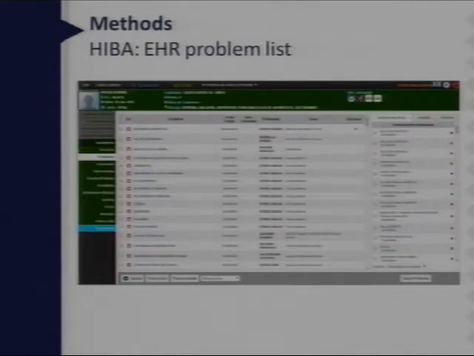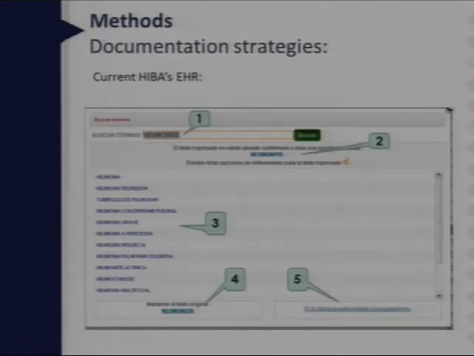You can see here our electronic health record problem list, and this is the window that physicians use when they are trying to input the problem list. You can see in number 1 the field to write the problem and search, the preferred term in number 2, the options in number 3, the last selection in number 4, and the continue button in number 5.